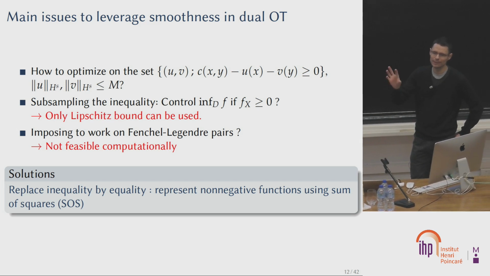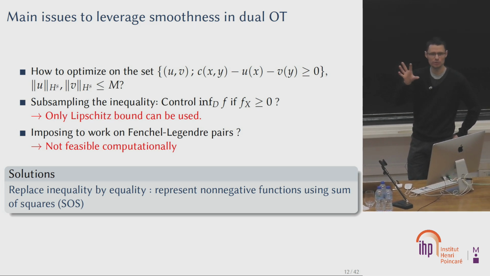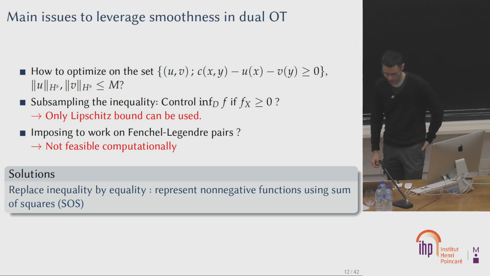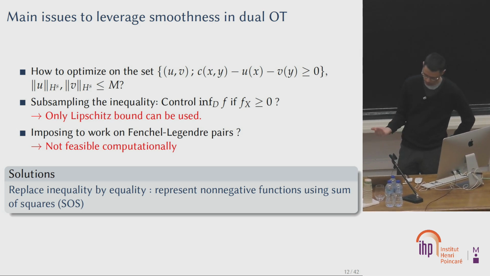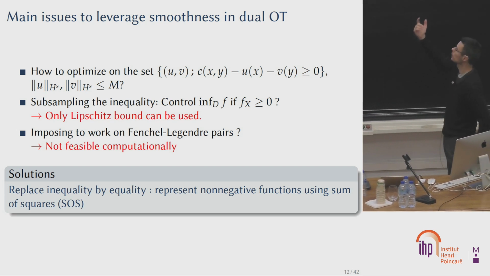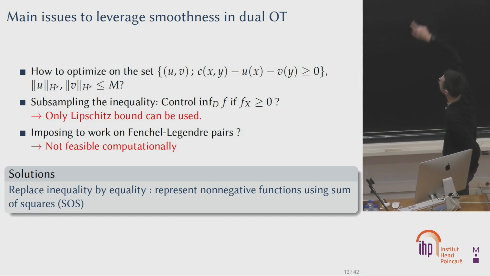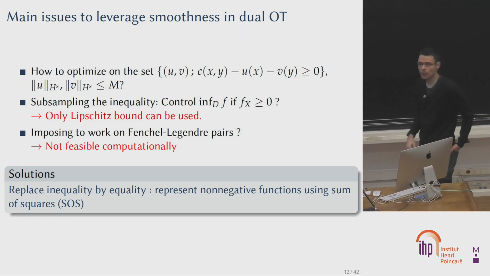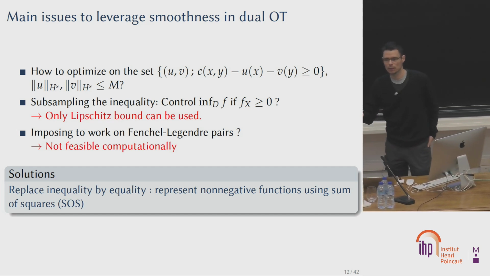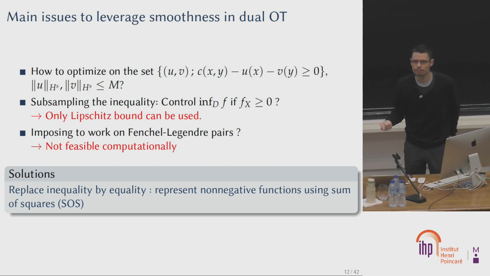And now, we want to apply this on the inequality constraint on the dual problem of optimal transport. And what we want to control is essentially the infimum of the dual constraint, the inequality constraint above here. So what you can do naively is to subsample the inequality. You impose the inequality on the sample set, and you hope to get bounds on the infimum of this inequality.